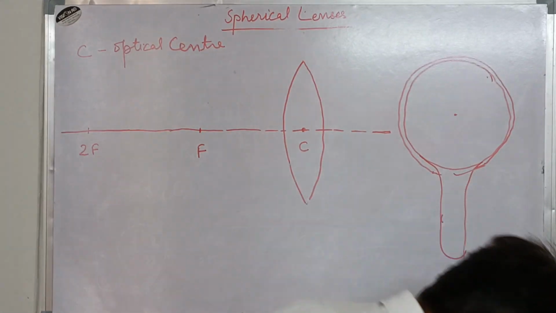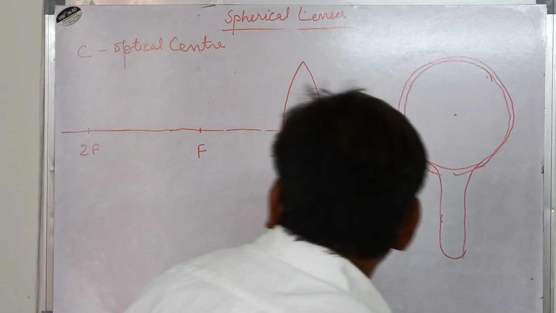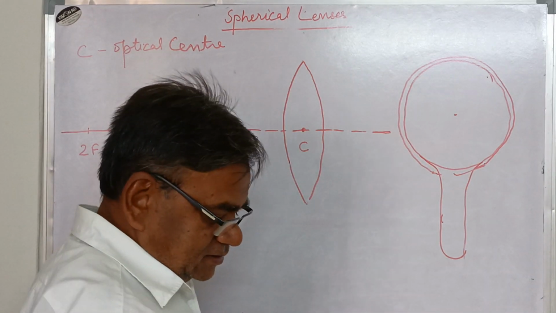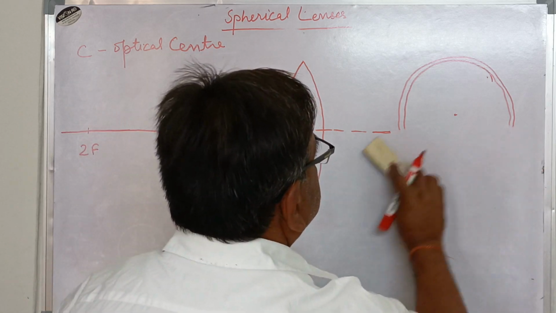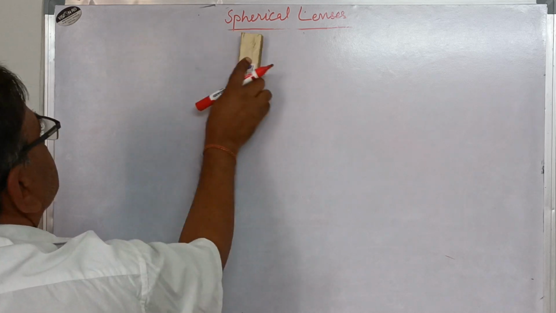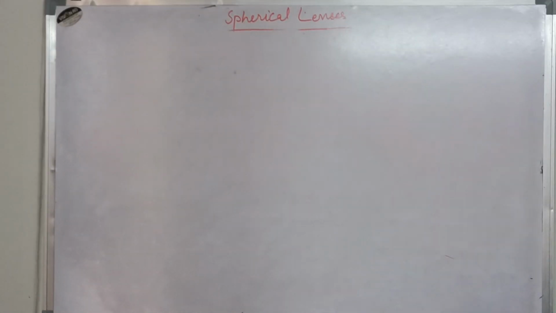Now let us proceed to how the images are formed by the lenses. There are some rules, as in the case of mirrors. The lenses have some rules for formation of images.